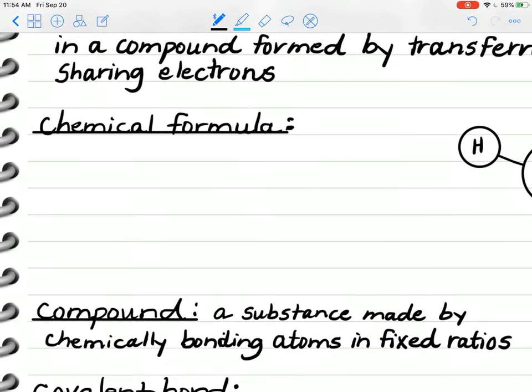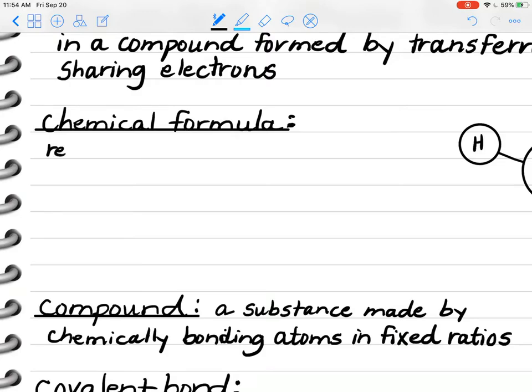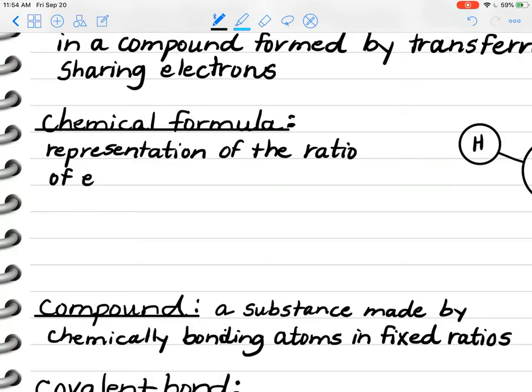The chemical formula is a representation of the ratio of elements in a compound using element symbols.